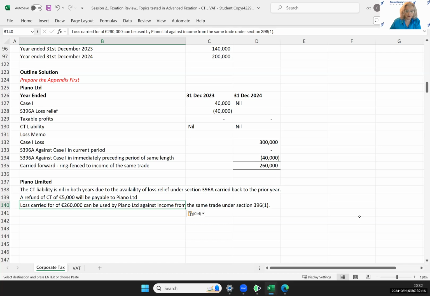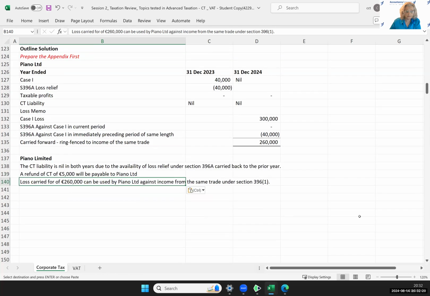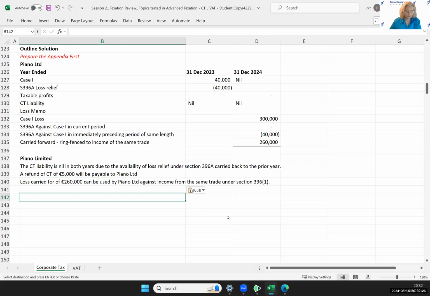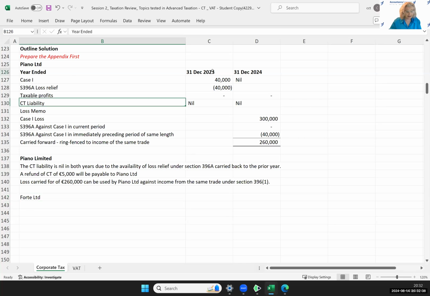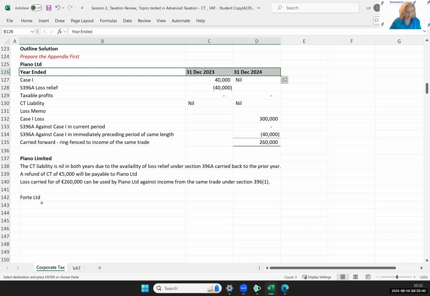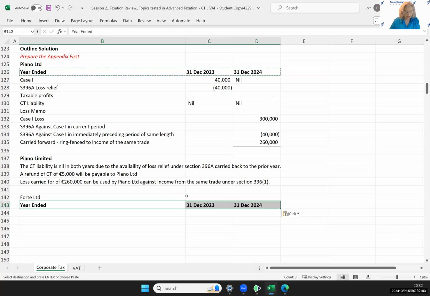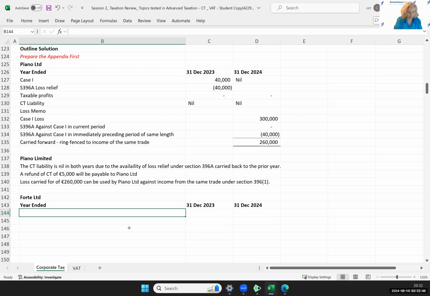So before we look at Forte Limited, does anybody have any questions? No? Okay, so Forte Limited, their year ended 31st December 2023 and 2024. There is case 1.